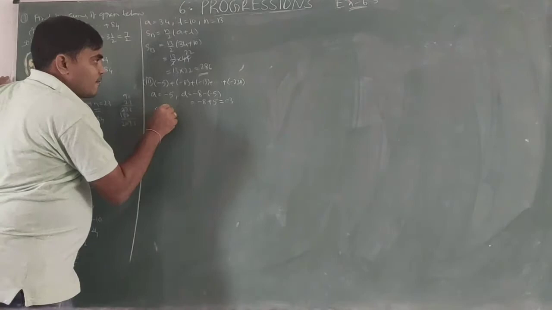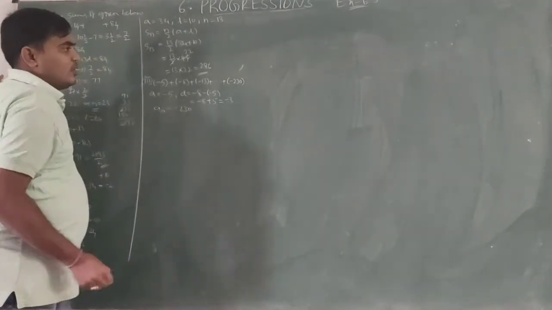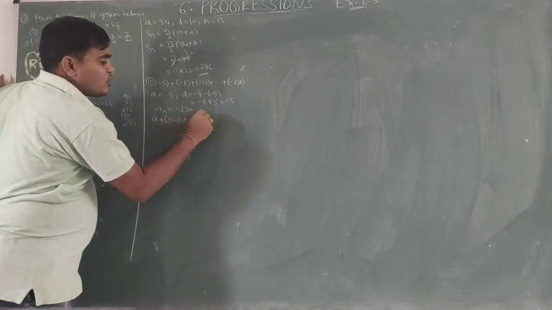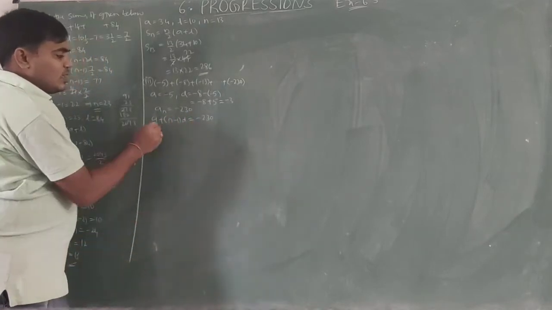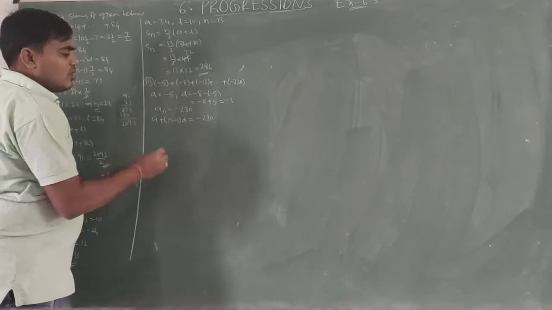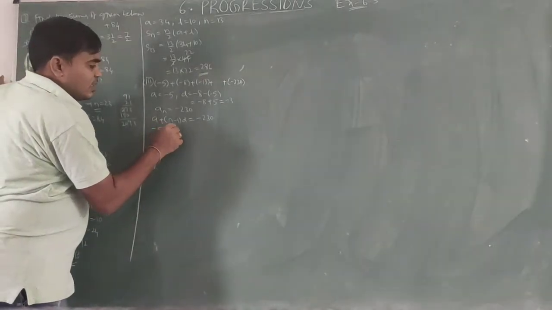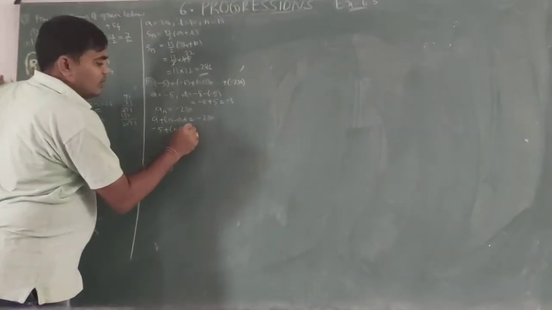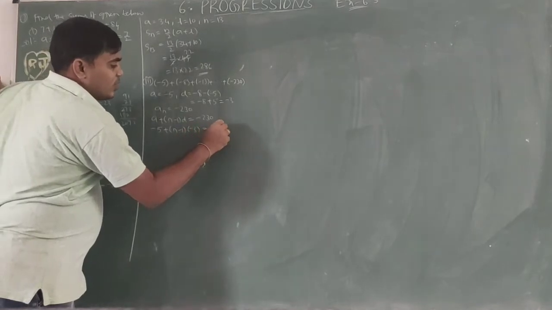An is minus 230. So A plus (n minus 1) d equals minus 230. A is minus 5, so minus 5 plus (n minus 1) of minus 3 equals minus 230.